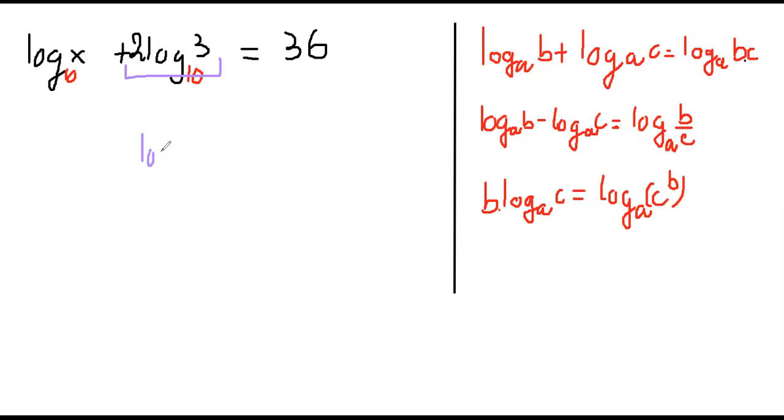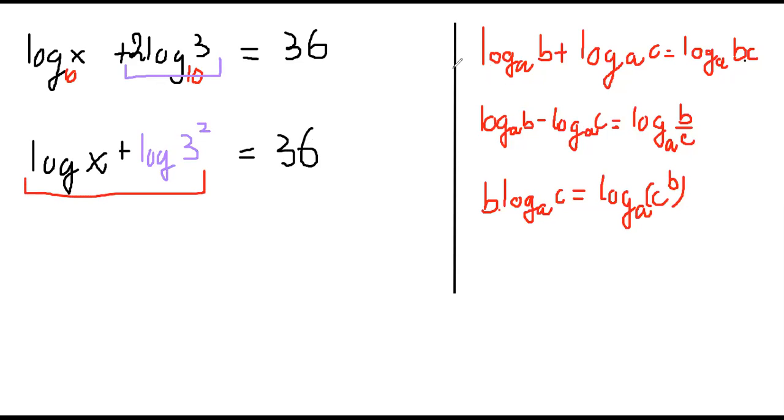So it's log of 3 to the power of 2, right? And log of x equal 36. There we go. And now all you've got to do is to apply the product rule again. I'll write the product rule in red so that you guys will have a better visual of it.